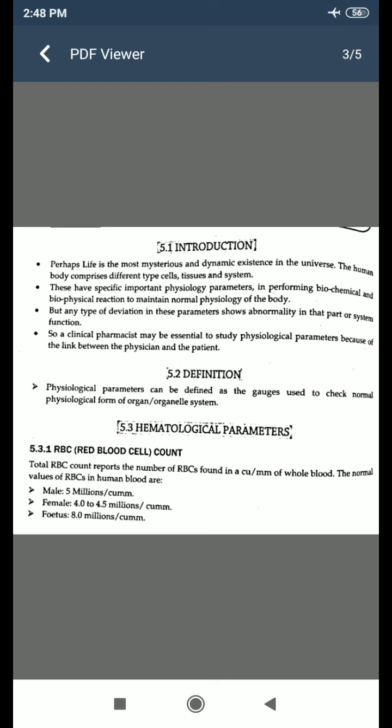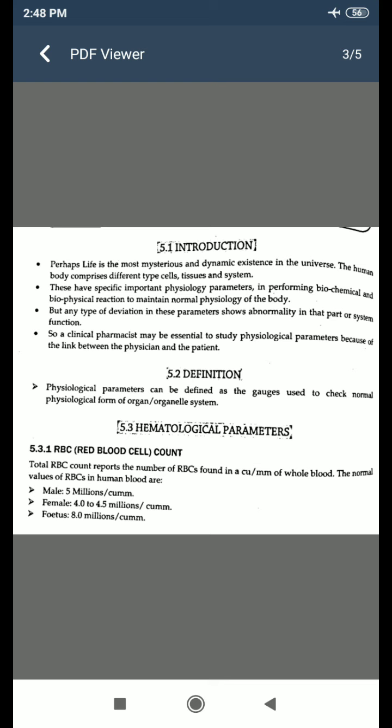Then hematological parameters. First is RBC, red blood cell count. The total RBC count reports the number of RBCs found in cu per mm of whole blood.